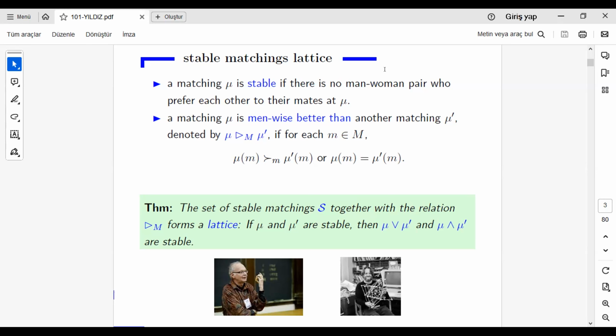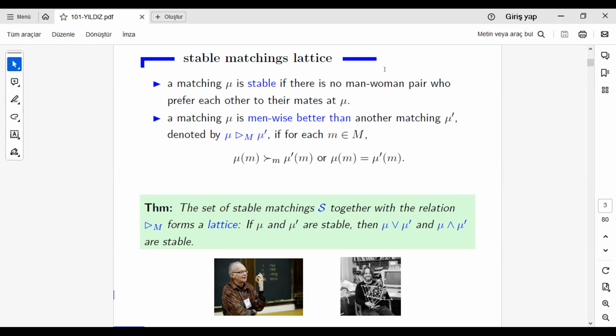It may be the case that one matching man-wise dominates another, but typically two matchings are incomparable. Some men prefer one, other men prefer the other matching.